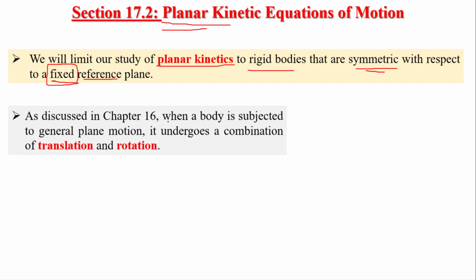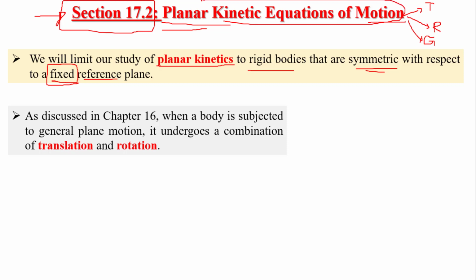As discussed in chapter 16, this section deals with the general case. What do you mean by general case? The motion could be translation, it could be rotation, it could be general plane motion. So here we'll demonstrate the kinetic equations of motion for the three types of motion that we learned before: translational, rotational, general plane motion.